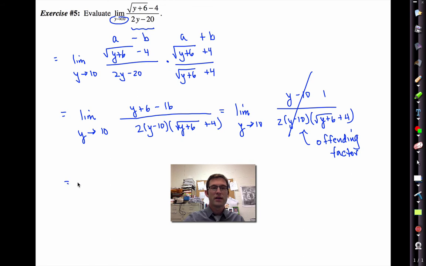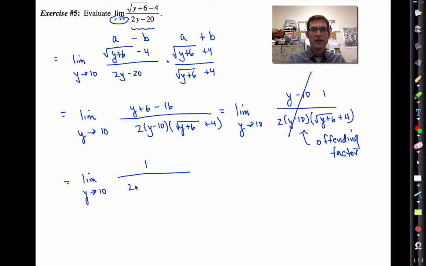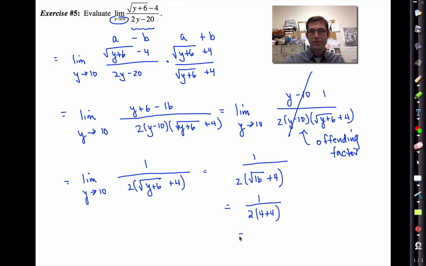And because of that, I can now look at the limit as y goes to 10 of 1 divided by 2 times root y plus 6 plus 4. And now notice as I substitute, I will drop the word limit. Whew. Good parentheses use is helpful.